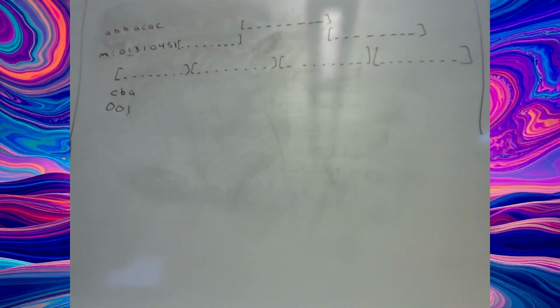So for example, 3 says that we have an odd number of A's and B's. So this is saying B is even, C is even, A is odd. This is saying A is odd and B is odd and C is even. So we're compressing the information down into the bits of a number.